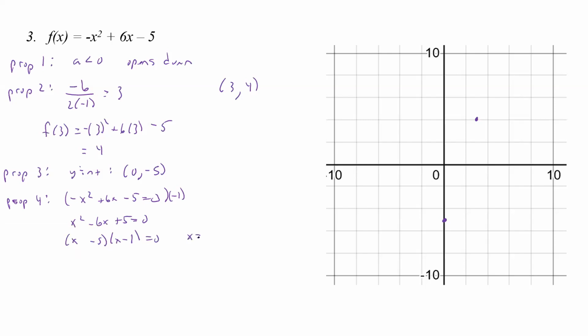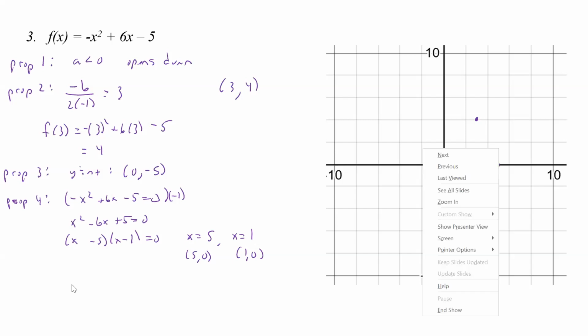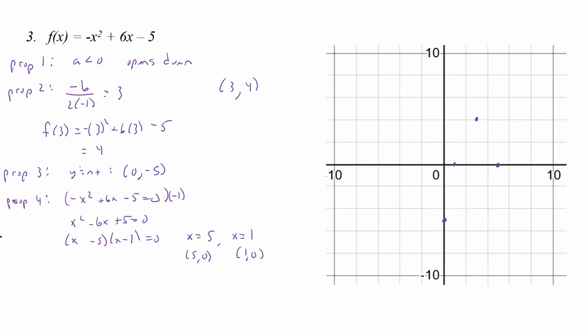So then x is equal to 5 and x is equal to 1. So I'll have 5 comma 0 and 1 comma 0. So 1 comma 0 is right there, and 5 comma 0 is right there.